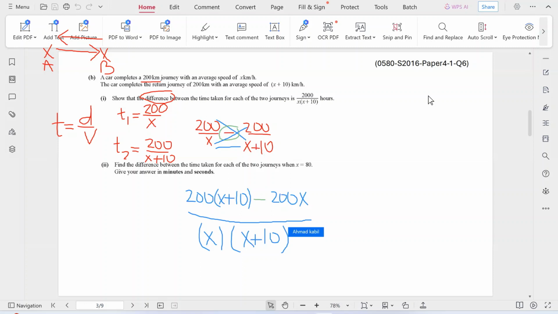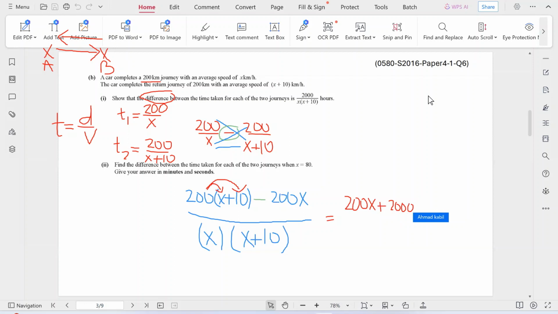Next, we need to distribute the 200 over the bracket. So 200 times x gives us 200x. Let me write that down. And then 200 multiplied by 10 gives us 2000, so plus 2000.